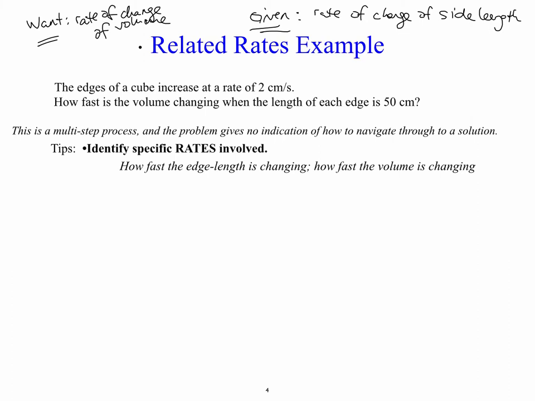But once again, we never start with the rate of change. We have to start with something relating the quantities associated to these rates of change that we know about and want to know about. So for this scenario, what quantities are associated to the rate of change of the edge length and the rate of change of the volume?